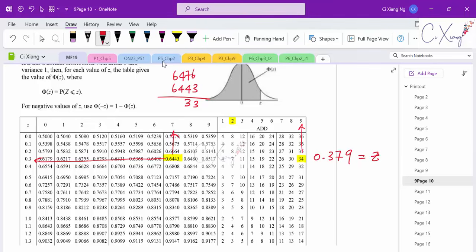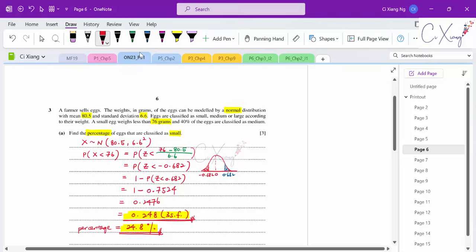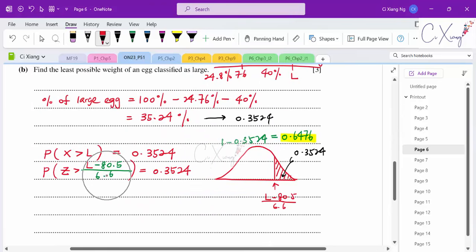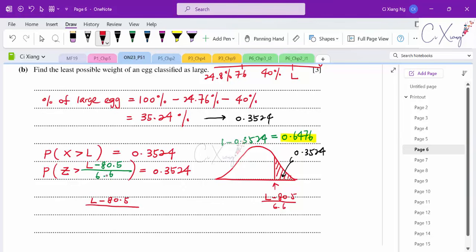Come back to our steps here. This is my value of Z, so my Z should be equal to the Z I found from the table just now, which is 0.379. Before I decide this value, I need to have a look at my graph.